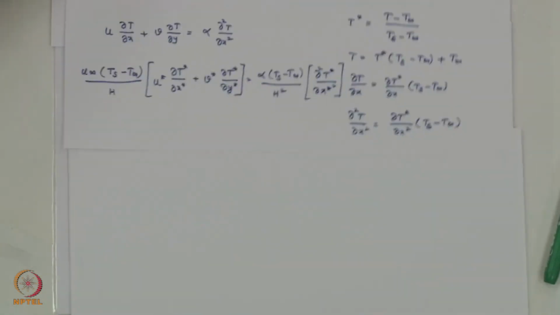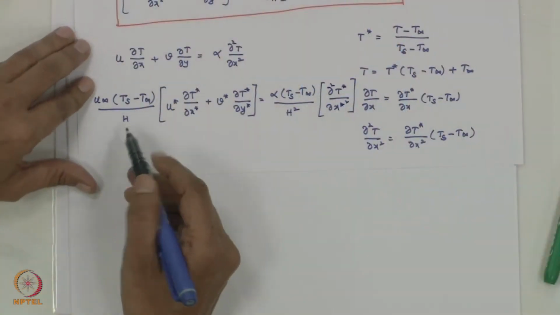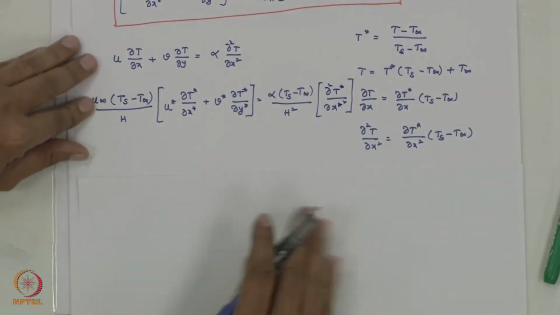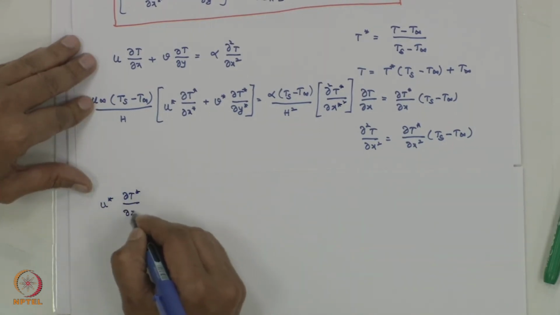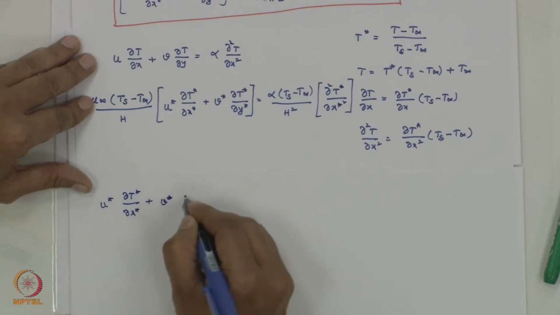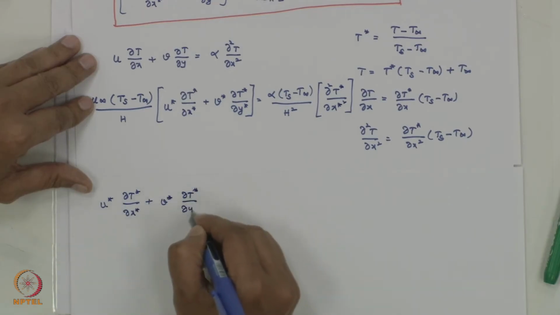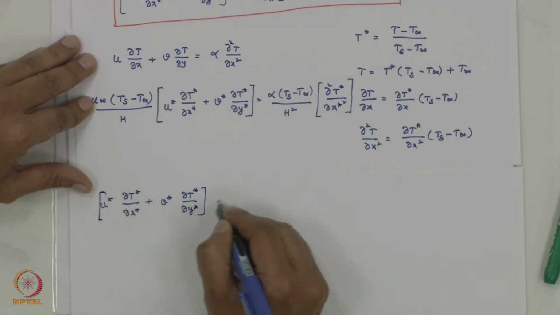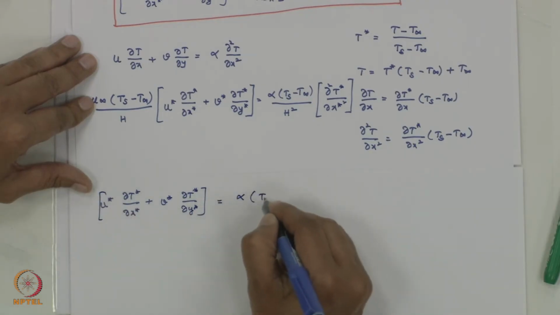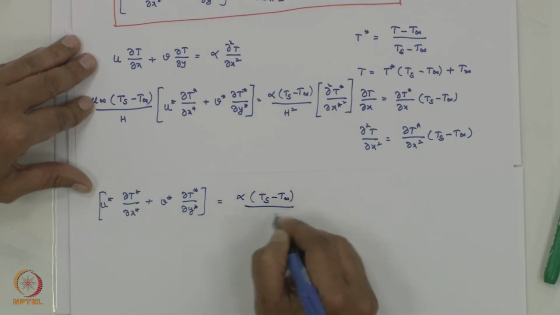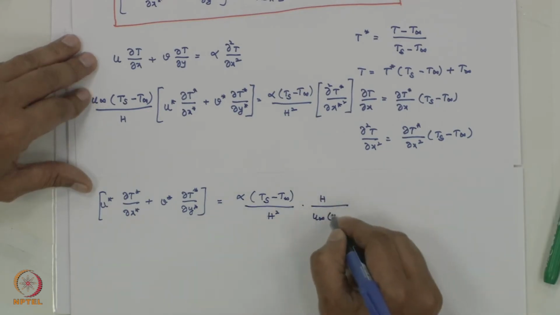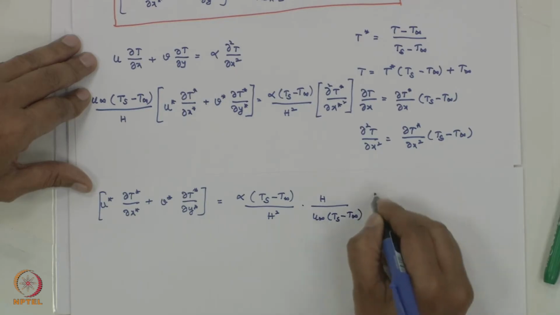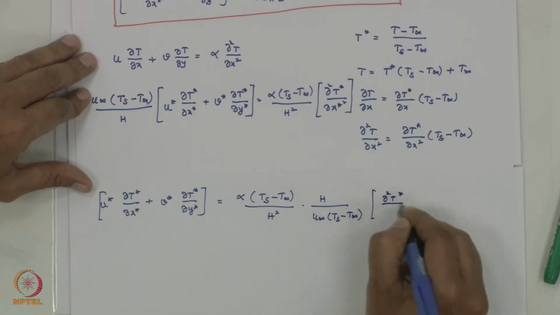So now if I divide throughout by u infinity Ts minus T infinity by h, I get u star del T star by del x star plus v star del t star by del y star is equal to alpha into Ts minus T infinity by h squared into h upon u infinity into Ts minus T infinity into del squared T star by del x star squared.